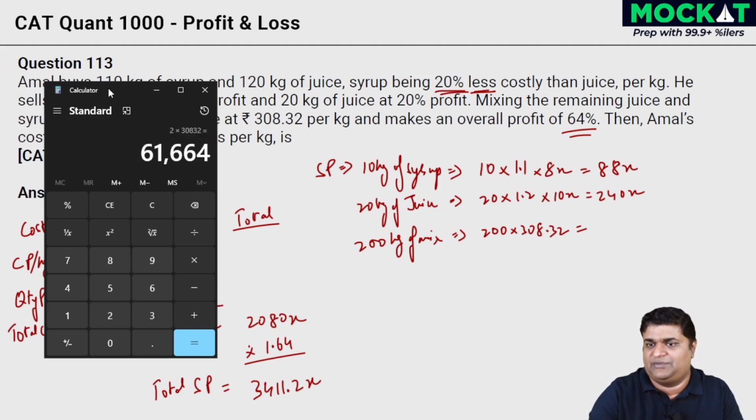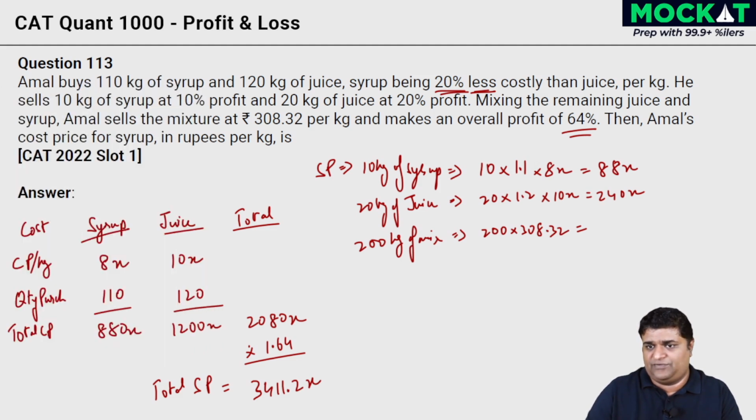I'm getting rid of the decimals. So 61664. If you add this up, you get another form of the total SP, which is 88 plus 240, which comes to 328x plus 61664. Now this bit and this bit, these two have to be equal.